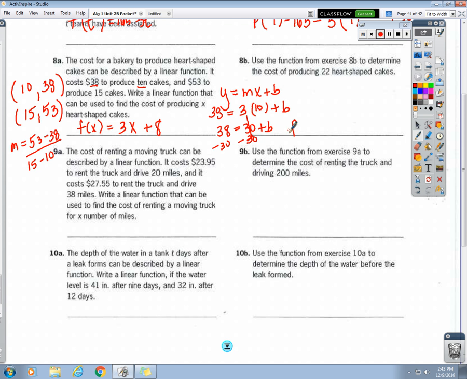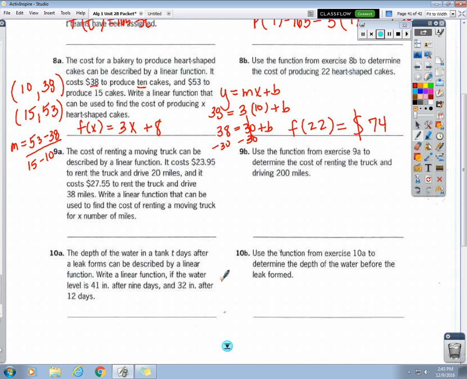So f of 22 equals what? How much would 22 cakes make if they're $3 each and then there's an $8 charge? $74. Because the $3 per cake, that would be 66 bucks, but then when you add on the $8 charge for whatever they're charging that for, that brings it up to 74.